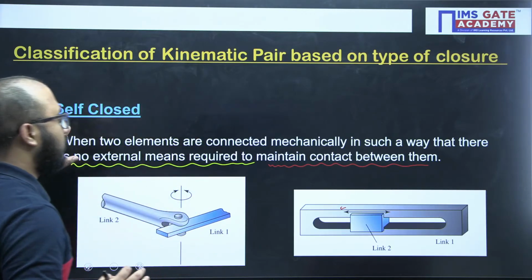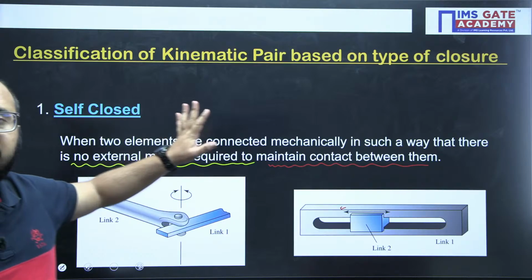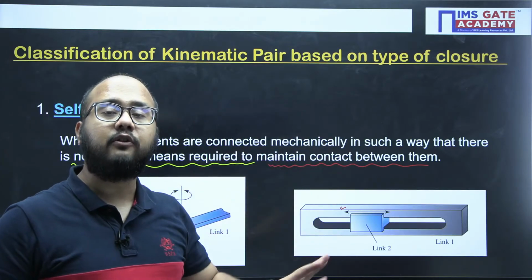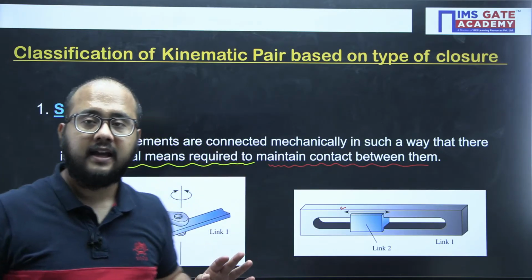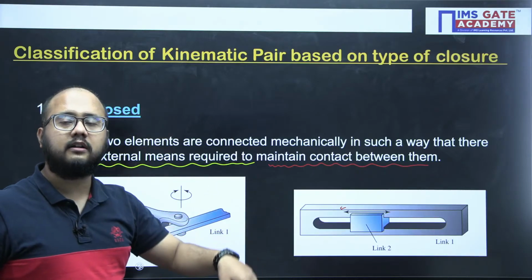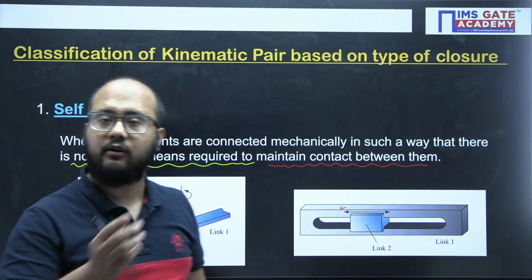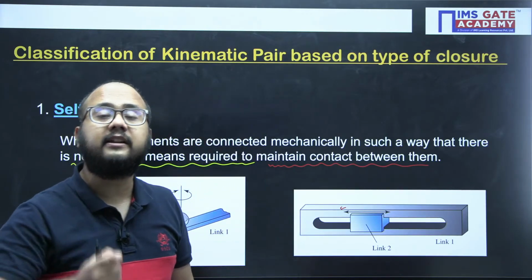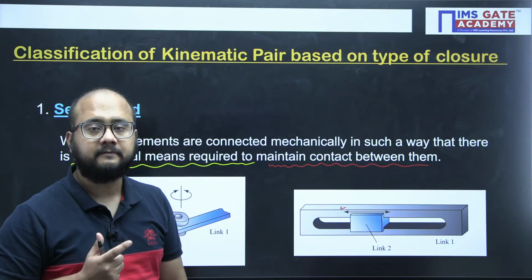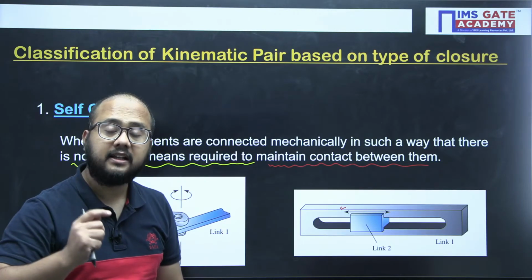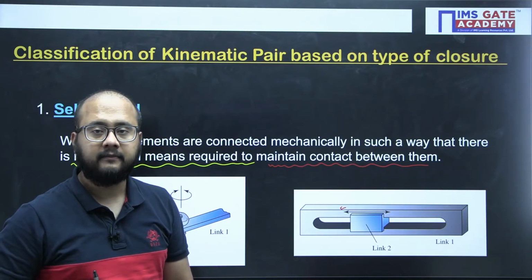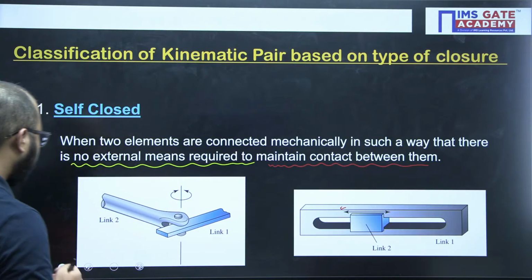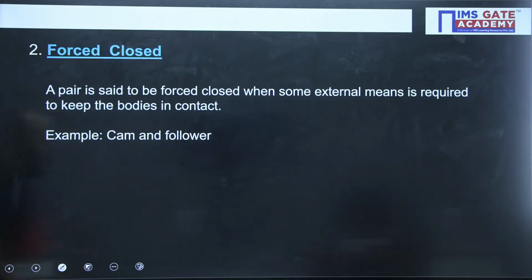Such pairs are known as self-closed. This type of pair is also called lower pairs, as I mentioned in the last class. Lower pair means whenever there is surface contact. Clear, everyone?